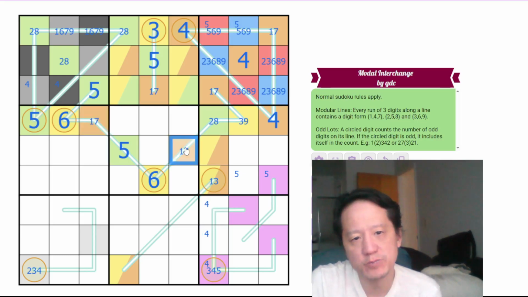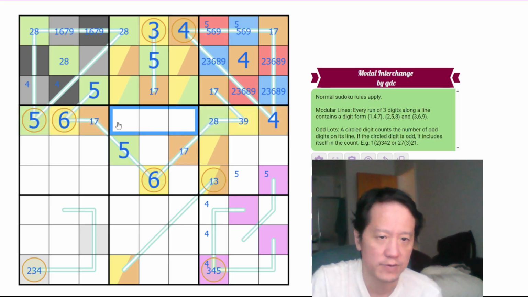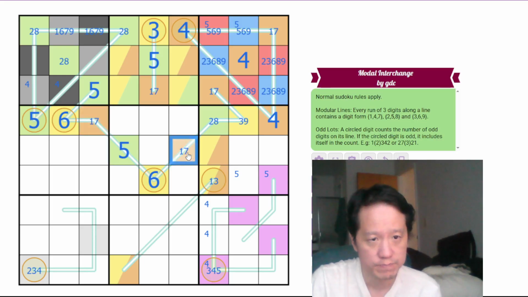This must be the same digit as that one. Because we're missing a 1, 7 here in row 4, so it has to be here, which means it cannot be the other 1, 7. So this must be the same.